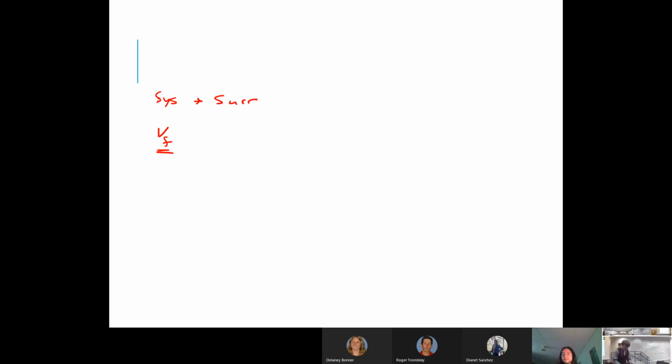One choice, sorry, this is long, you'll have to tell me if I'm beating a dead horse here. So one choice for my system is just the bottle again. One choice is to do just the bottle and have the Earth in the surroundings.